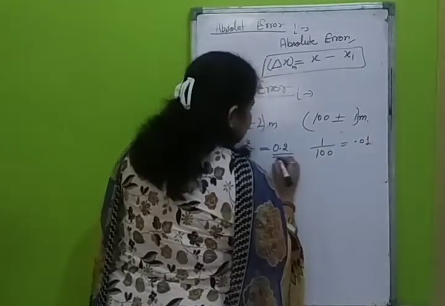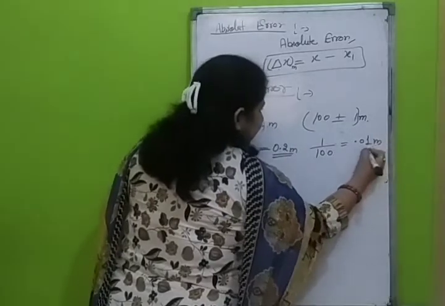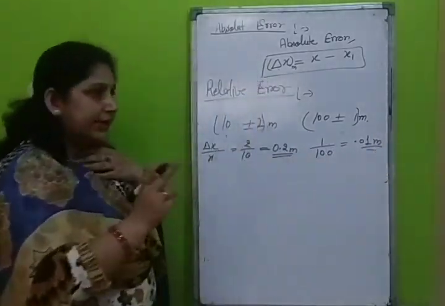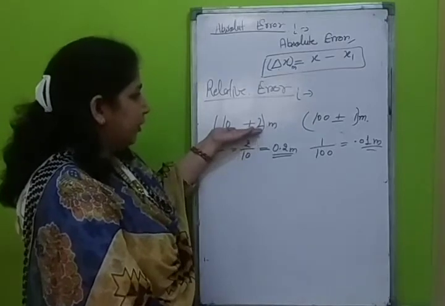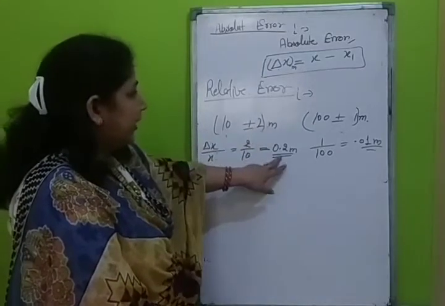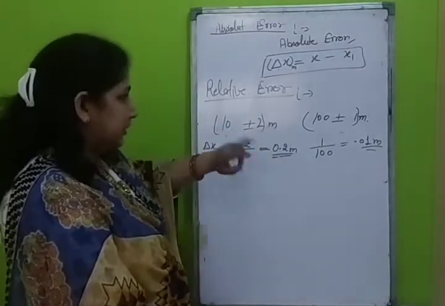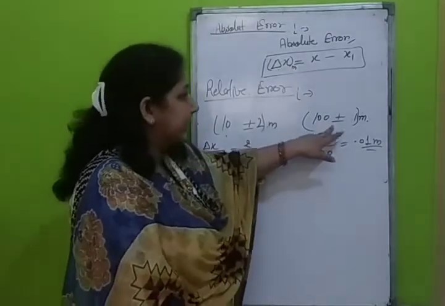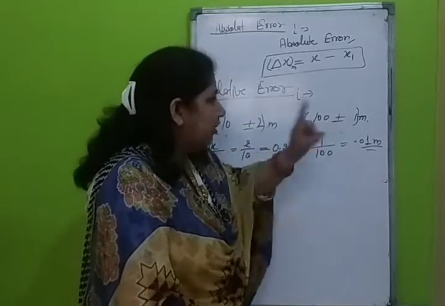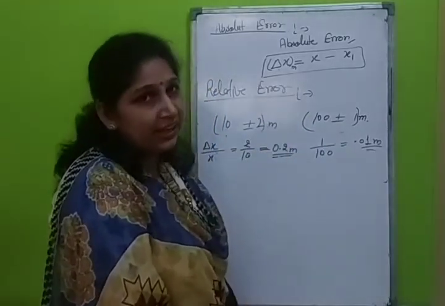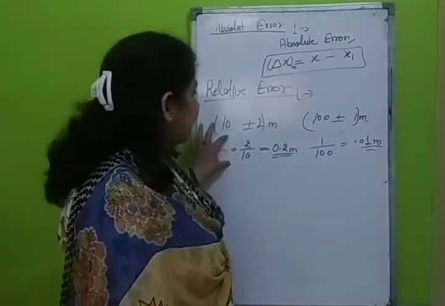Means this error is less than the other error. Relatively, the person who took the distance of 10 meter carries more error in comparison to the second person, who carries 100 meter measurement and 1 meter plus minus error. Got it? This is called relative error.